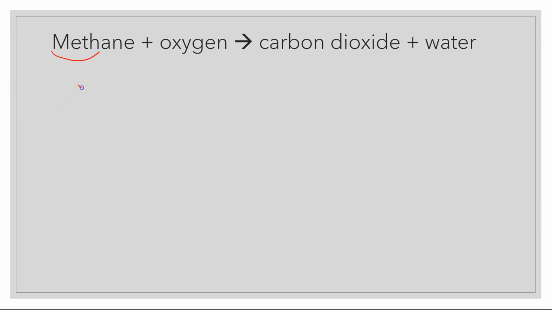So we've got C, and if it's got one carbon, and our general formula for an alkane is CnH2n+2, so if n is 1, that means we've got C1, then we've got H, 2 times 1 is 2, plus 2 is 4. So methane is CH4. And then we have plus oxygen.